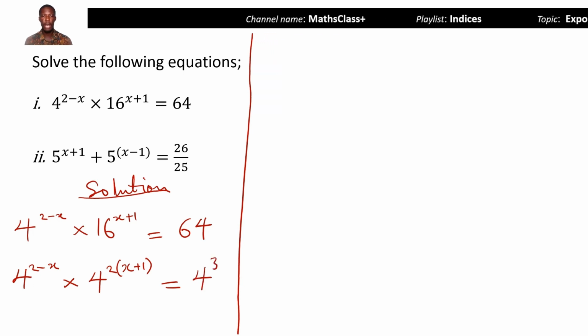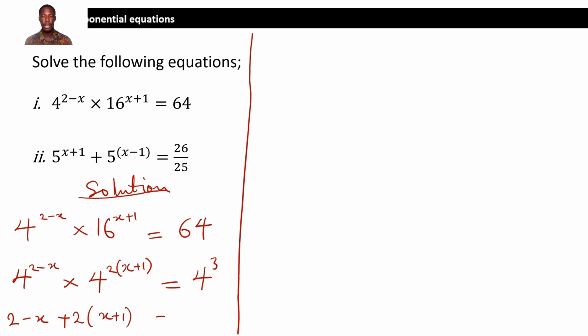Okay, so now looking at the expression, I have to multiply the first two terms. And as you remember in our laws, if the bases are the same, we sum their exponents. So here we are going to have 2 minus x, and then we are adding it to 2 multiplying x plus 1. And everything here is equal to 3.